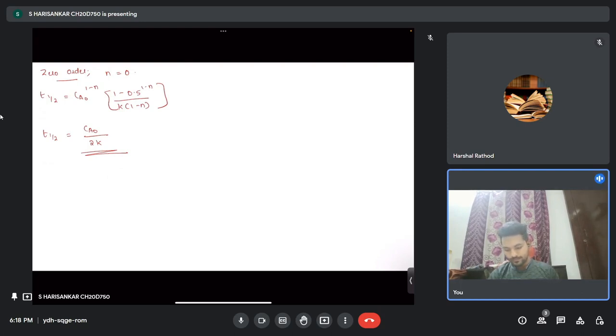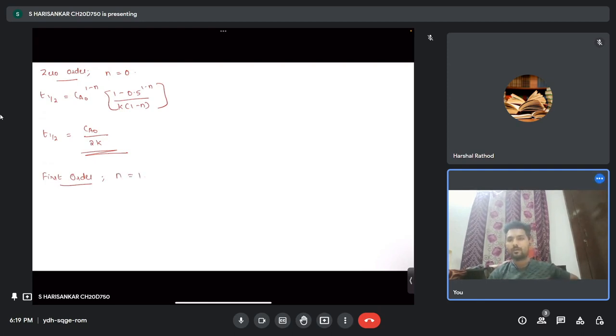And let's say if we want to find T half for a first order reaction, this will somewhat differ. Okay, so for first order n is equal to 1.